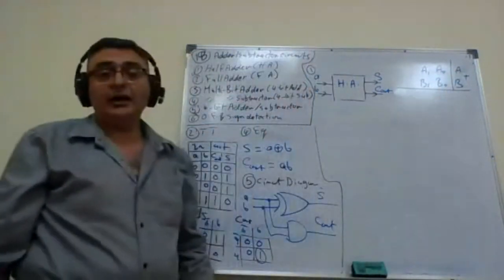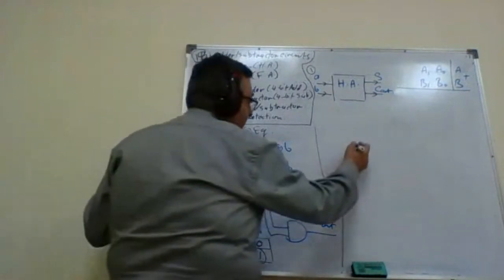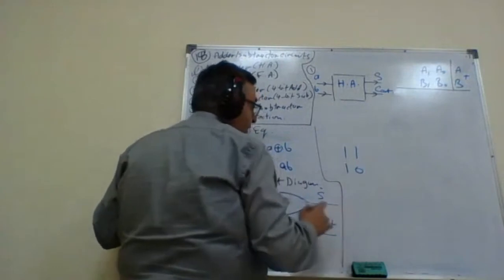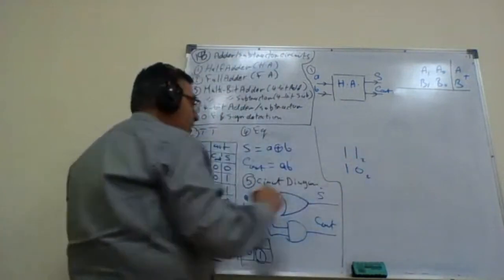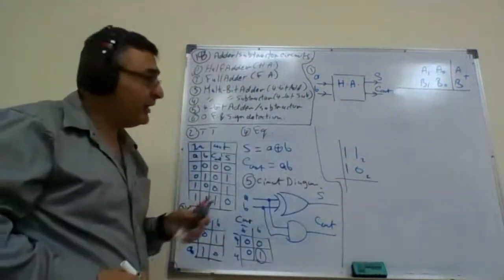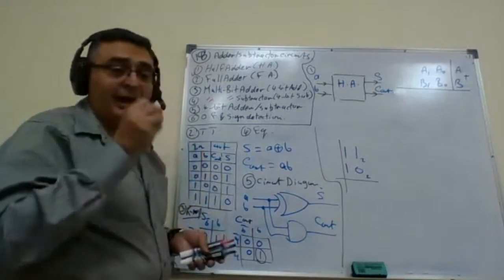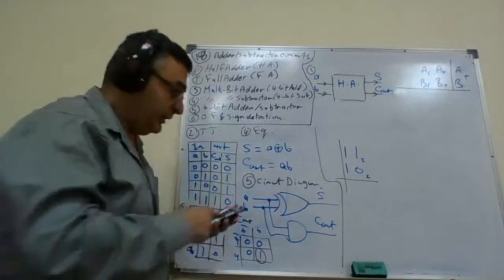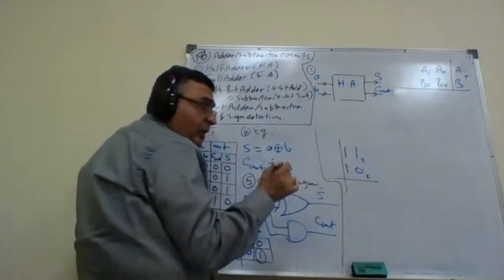What about the outputs? If I am adding 2 bits together, okay, from chapter number 1, that's why Dr. Ali urged us to review chapter number 1. If I am adding those 2 bits together, what should the output look like? For the example here, I'm adding those. We learned the addition in chapter 1.